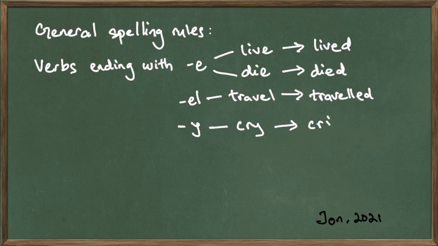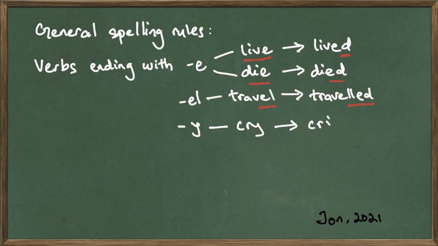Firstly, for verbs ending with the vowel E, if you see here, the word leave, you need to add D. The word die, you just add another D and it becomes the past form. For verbs ending with EL, just like the word travel, it becomes travelled.